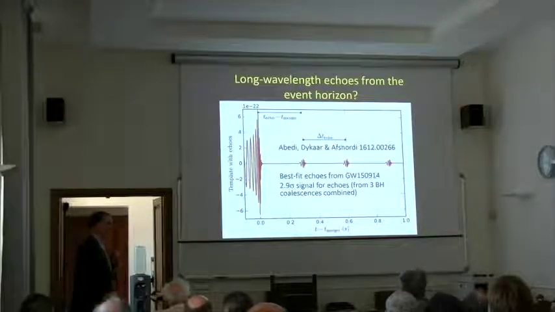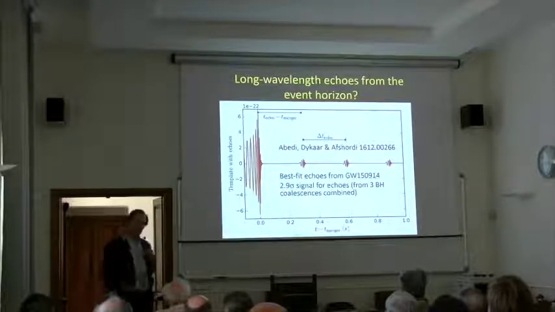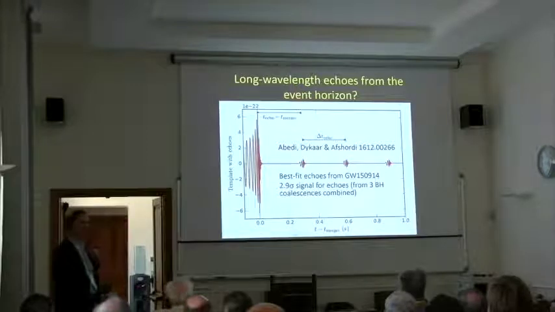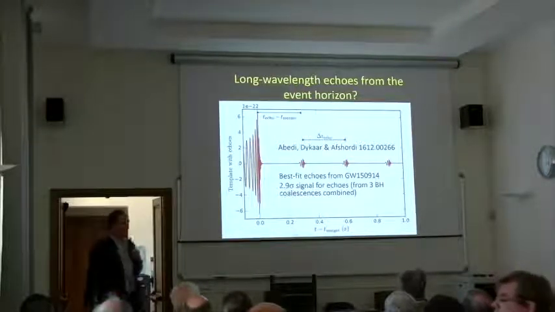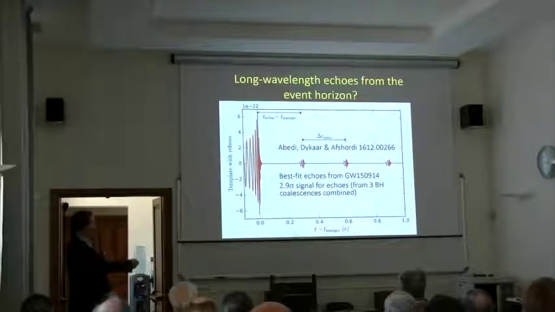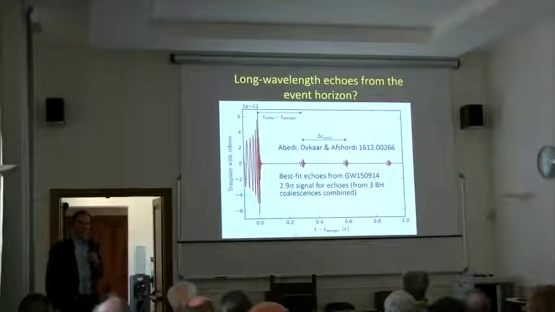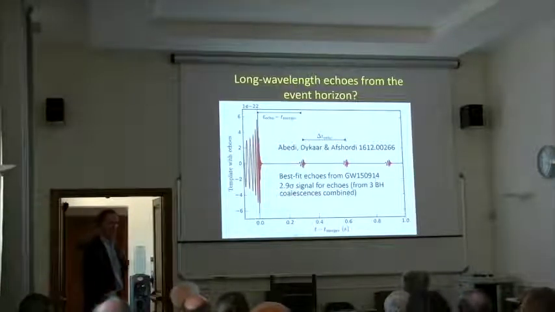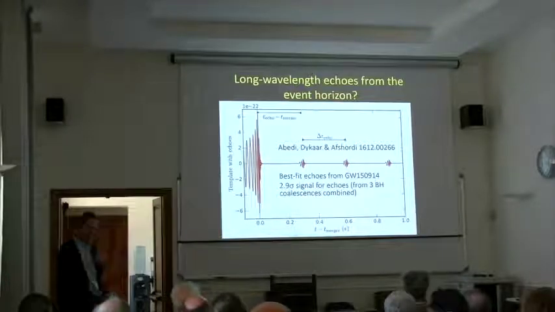And what they showed is that there is some, I would say rather weak, but still very interesting suggestion in the data. Here I'm not showing the full data, but only their fit, of actually having some repetitions at a reduced amplitude of the original in-spiral and coalescence waveform. They call these echoes from the abyss.